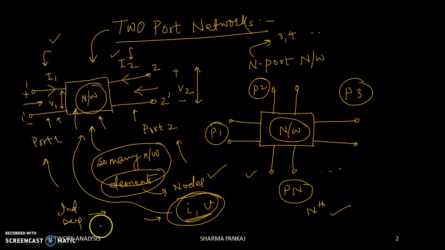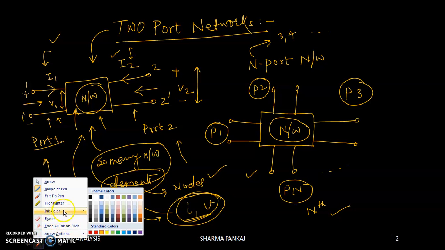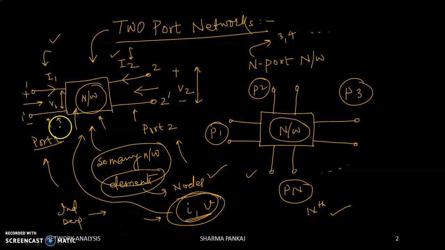So let us move towards the variables of two-port networks. Actually, I have given you in my discussion the variables of two-port networks. For port number 1, the variables are V1 and I1. I'm going to specify it with a different color so that you will find it easy to locate.